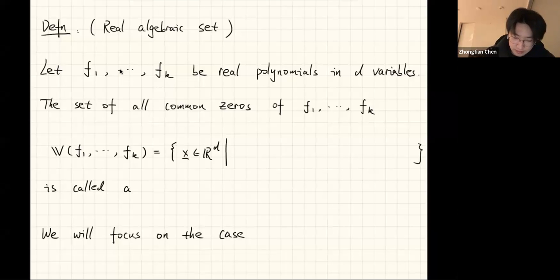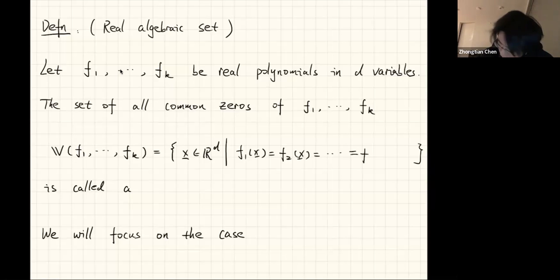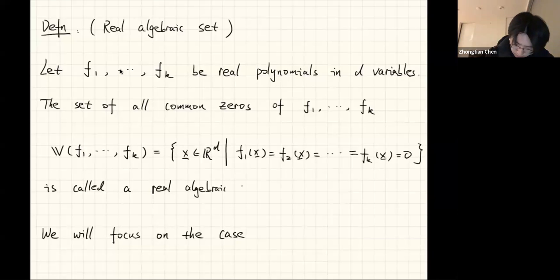The set of all common zeros of these polynomials is called a real algebraic set, or variety. In this lecture, we'll focus on the case where k is just equal to 1.